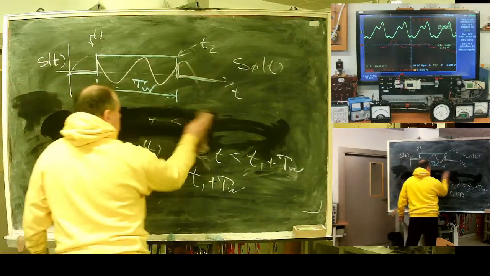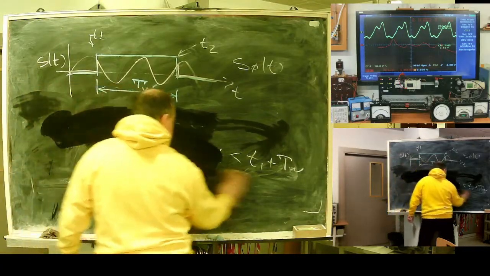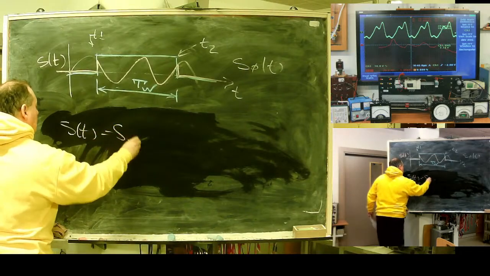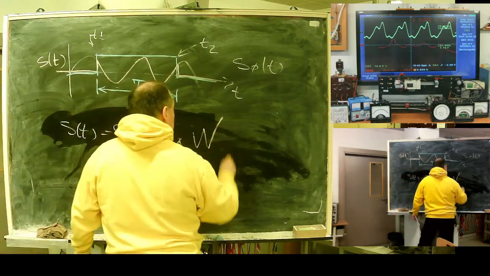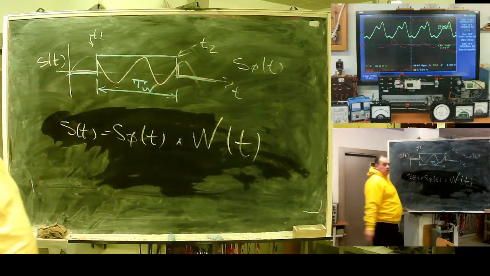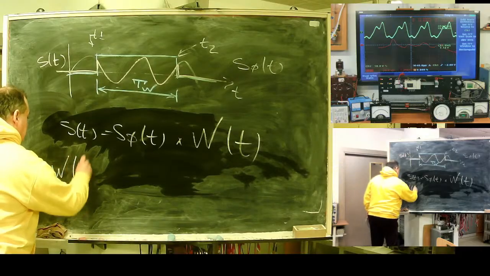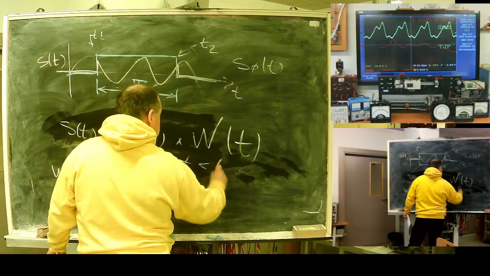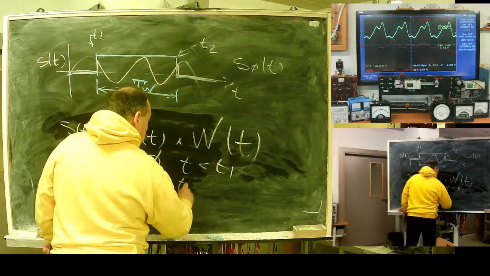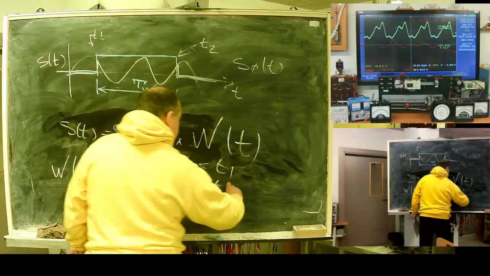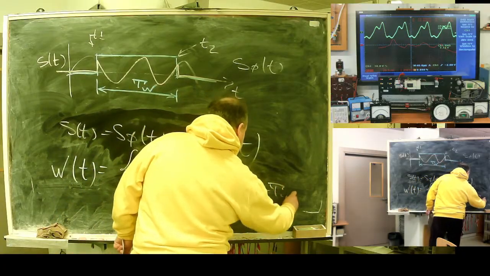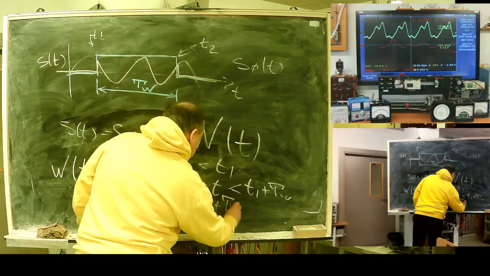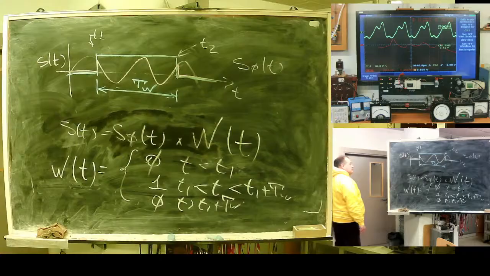We can write it as the original multiplied by a window function V of time, equal to 0 when time is less than T1, 1 from T1 to T1 plus observation time, and 0 when time is greater than T1 plus TV.